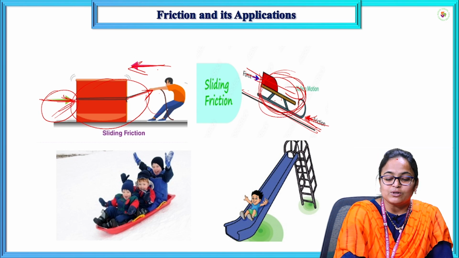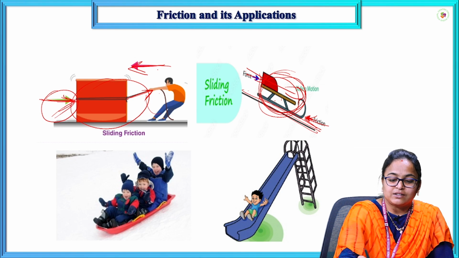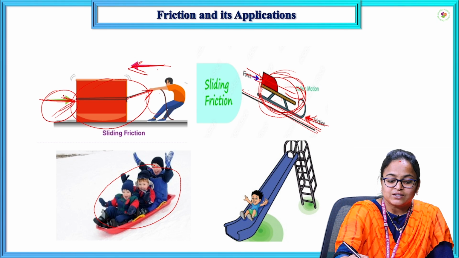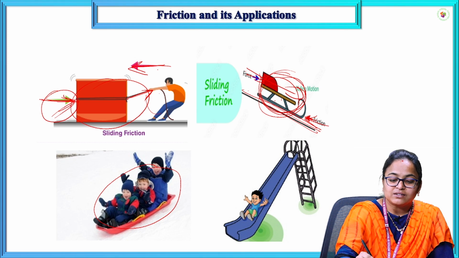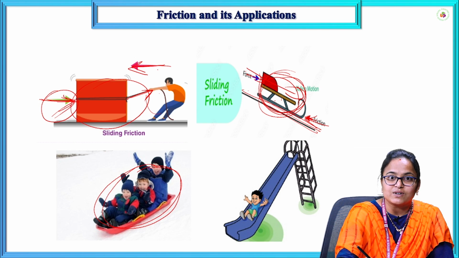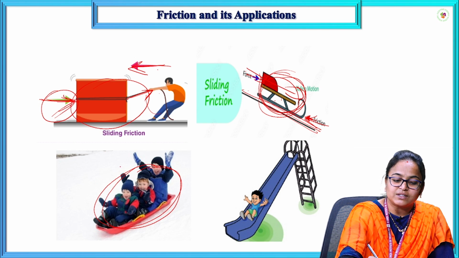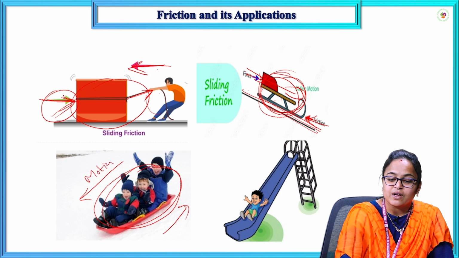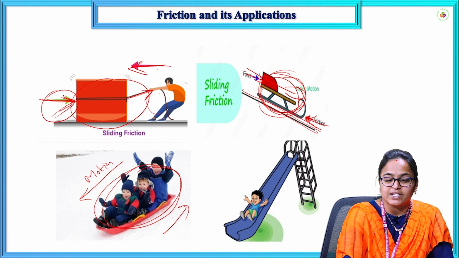Okay. Next, coming to another example, this is the tub activity in snow areas. Due to the inclined plane, this tub is sliding downwards. This is the motion like this, and the frictional force will be opposite to the motion here.